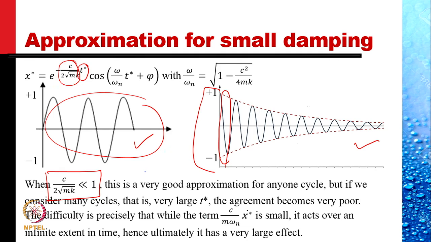And when t star becomes very large compared to 1, such that this no longer is small, then the approximation breaks down. So the effect of this viscosity integrated over a large time gives a large effect. So we need to worry about this while making approximations.